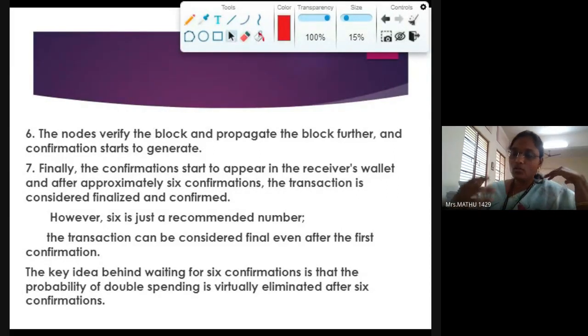But when there are more confirmations, we make sure there is no double spending, because it was validated by more people. Finally the confirmations start to appear in the receiver's wallet. So 6 is not compulsory, but when we do that, we will be able to eliminate the double spending problem.